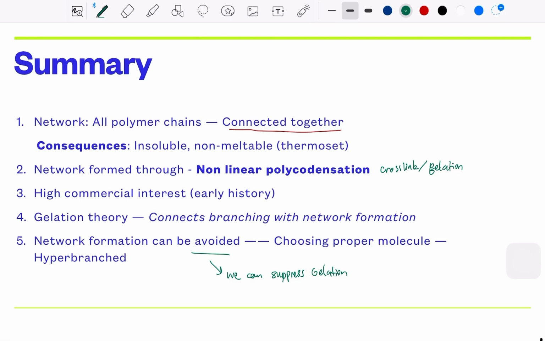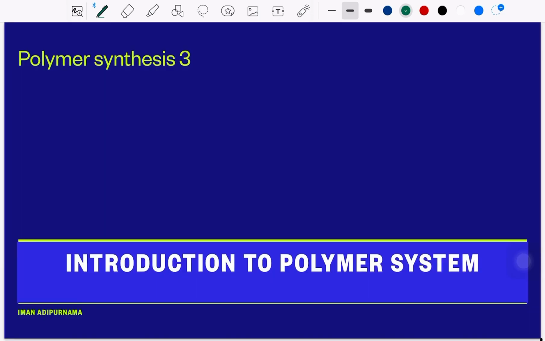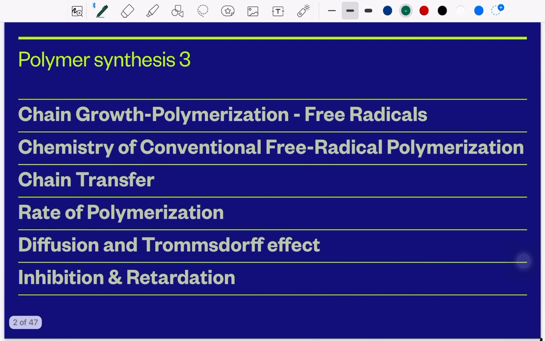Okay, let's move to the next section, which is the new chapter, the chain growth polymerization or the free radical polymerization. Okay. So this is supposed to be part 3 of the synthesis. Actually, there will be part 4 for the synthesis, but it's going to be after the chain growth polymerizations.